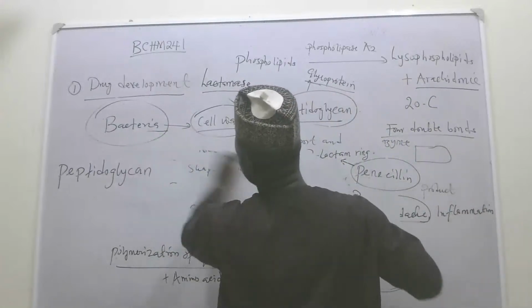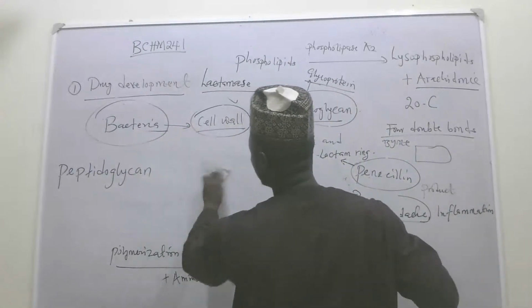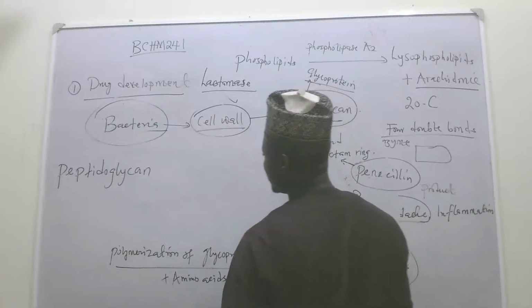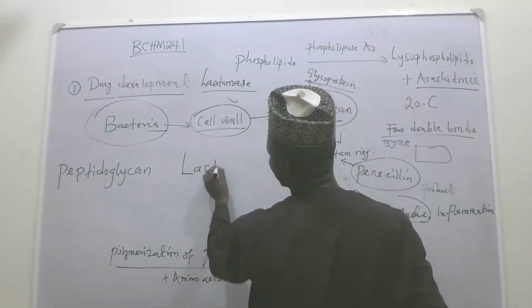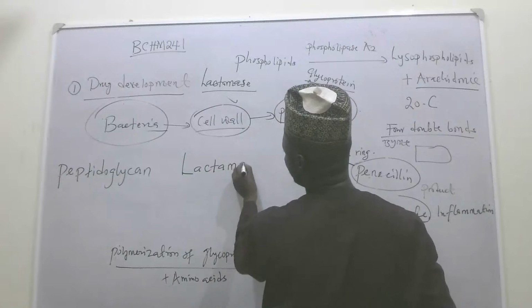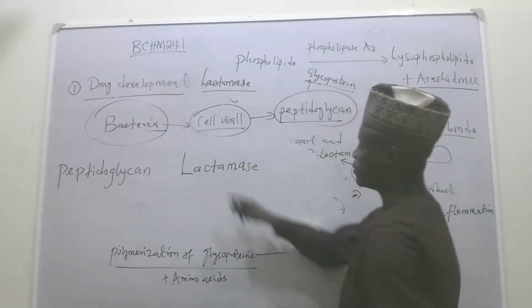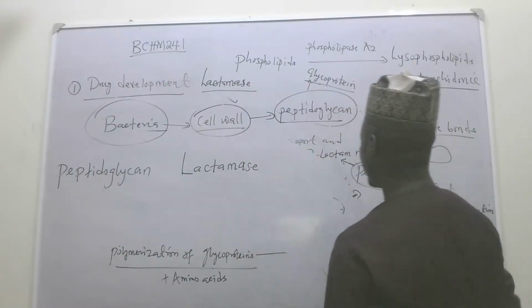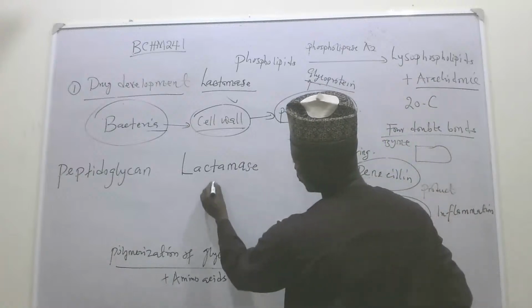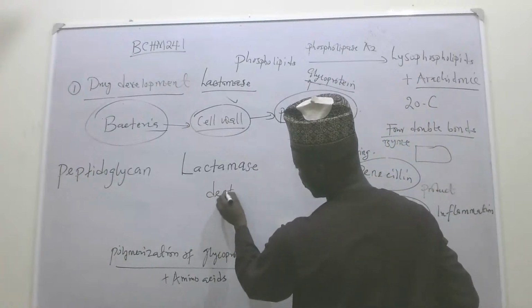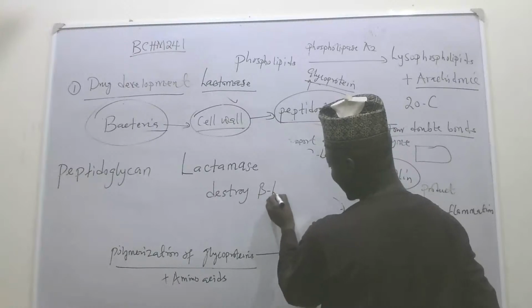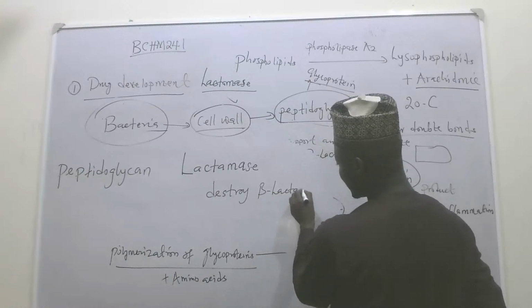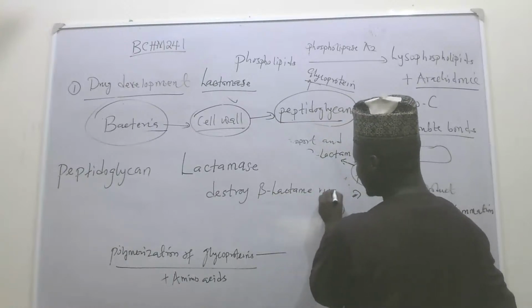So as I said, the microorganism will produce beta-lactamase. Lactamase is the name of the enzyme. And this lactamase will destroy the beta-lactam ring in the penicillin.